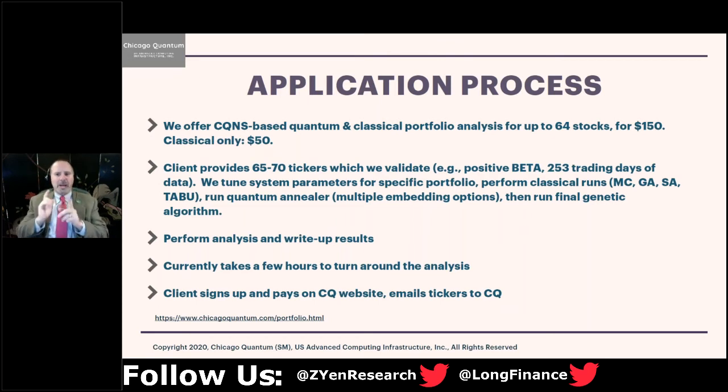We do a little email back and forth because we validate all the stocks, and then we run it for you. We write like a 10-page report. So that's how it works. And we tune the system for that portfolio. So one of our clients, I think a very sophisticated investor, their stocks didn't coalesce into a solution until we ran it a bunch of times.